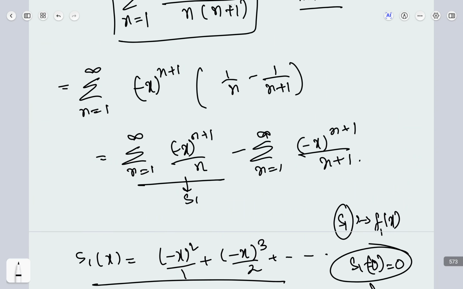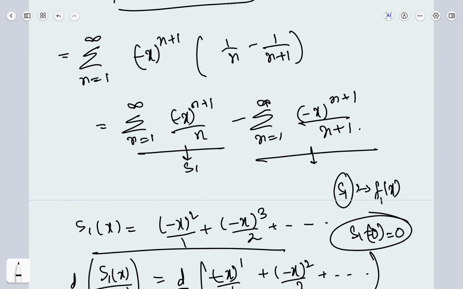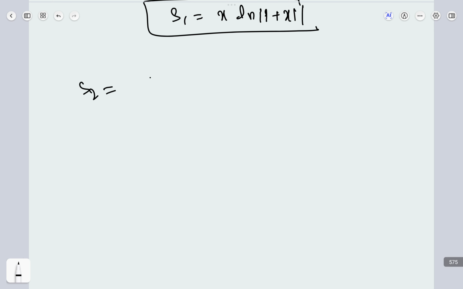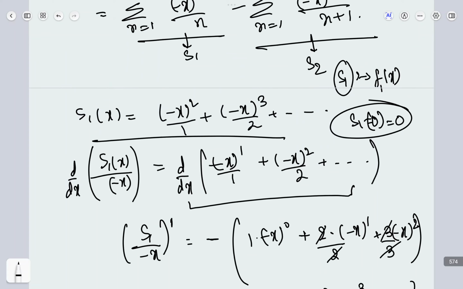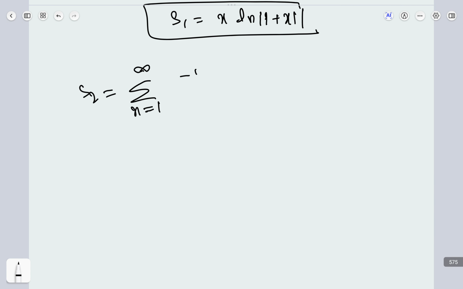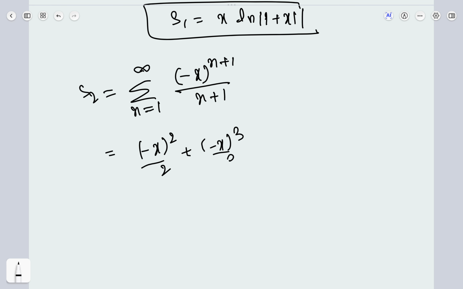Okay, so let's go on to S2. S2 is basically the sum from n equal to 1 to infinity of minus x power n plus 1 upon n plus 1. So this is minus x power 2 by 2 plus minus x power 3 by 3, and so forth.